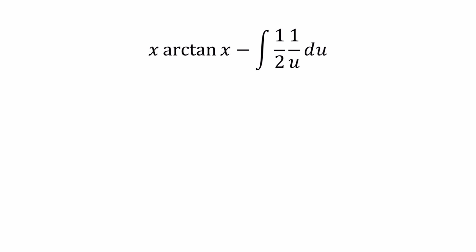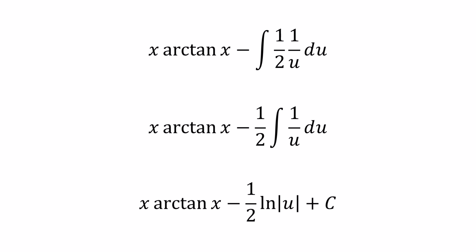Applying the constant multiple rule gives x arctangent of x minus 1/2 times the integral of 1 over u du. Integrating gives x arctangent of x minus 1/2 times ln absolute value of u plus c.